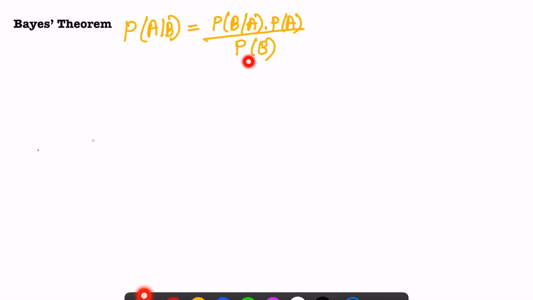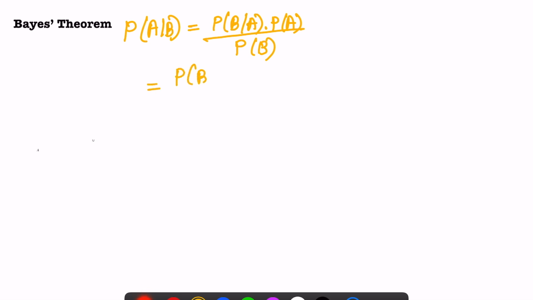Let's try to write the Bayes theorem once again. Probability of A given B is probability of B given A multiplied by probability of A divided by probability of B. But in the last example we saw that we didn't know how to calculate the probability of positive results, right? So we checked for two paths possible for positive and then we summed them up. So I just want to simplify this from this theorem only.